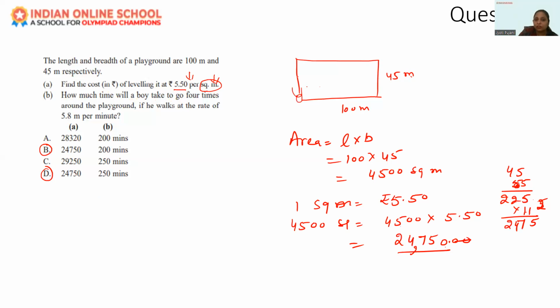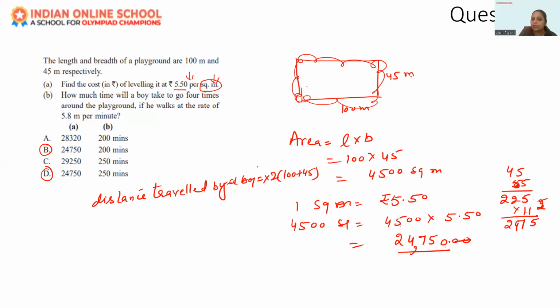The boy is moving around like this, but 4 times, so you have to find the perimeter and multiply with 4. So let the distance traveled by the boy be: perimeter is 2 into length plus breadth, 100 plus 45. But they have taken 4 rounds, so I will multiply with 4.